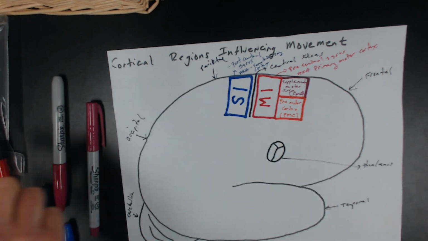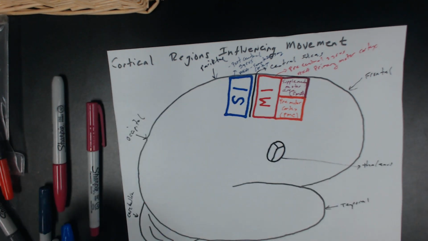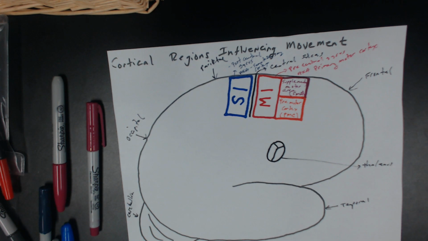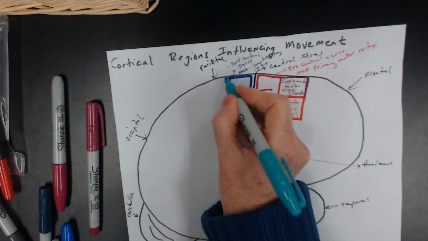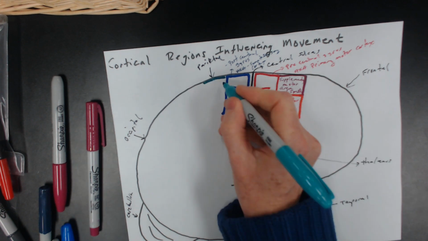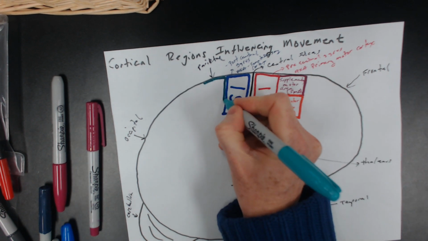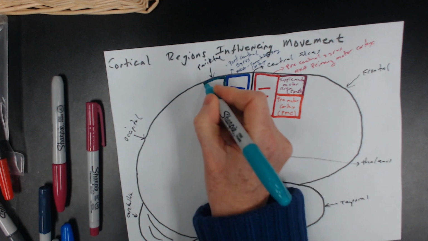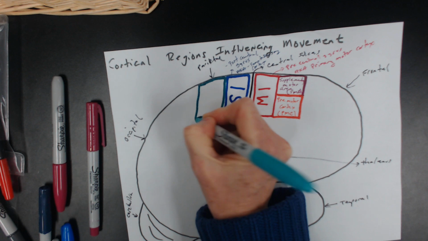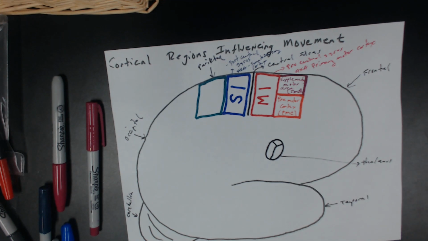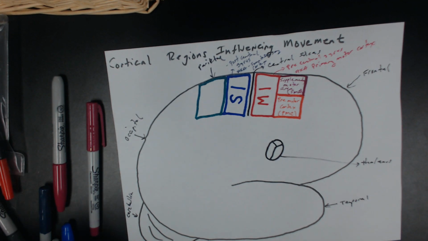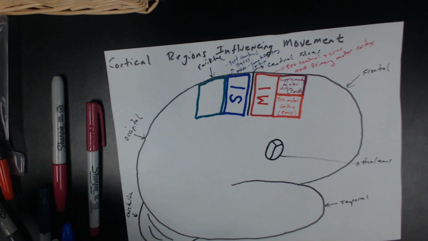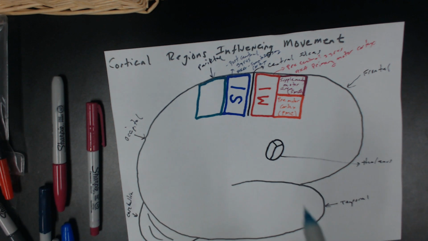And then moving back here, thinking about the somatosensory information, there's another area of interest that's in the parietal lobe. So you're still thinking somatosensory information. Here. And this is going to be your posterior parietal cortex.